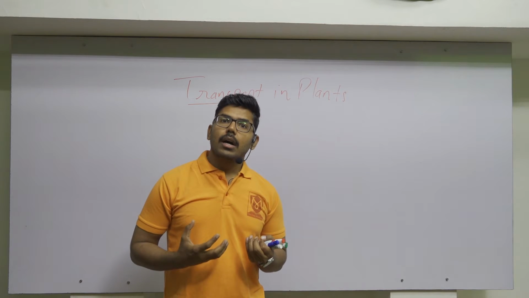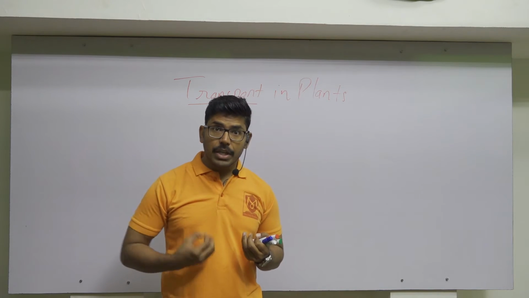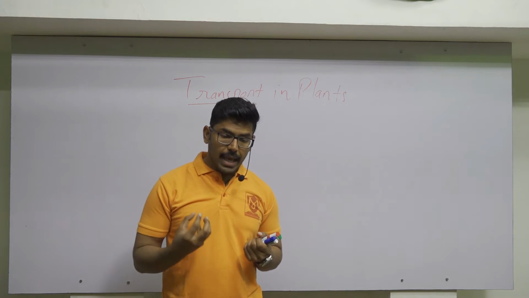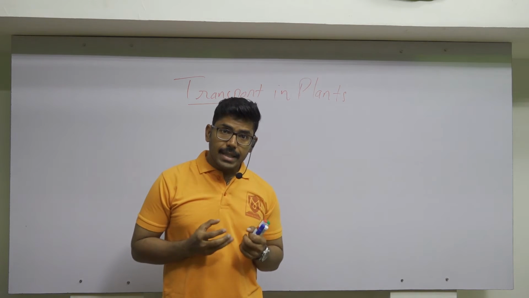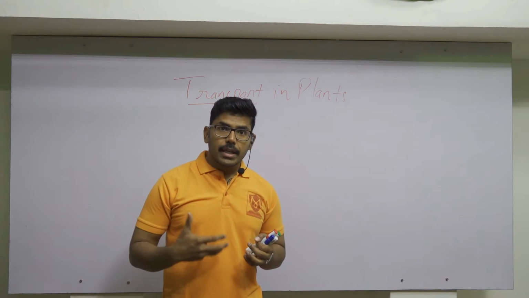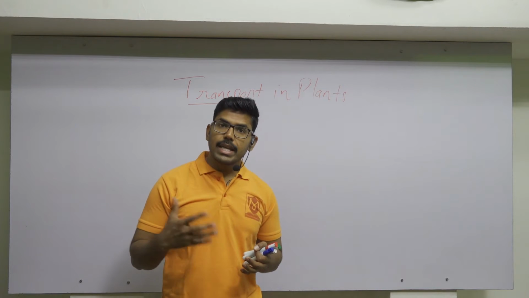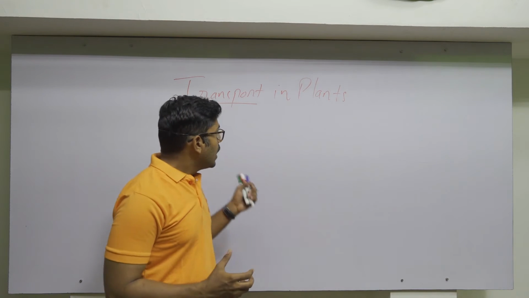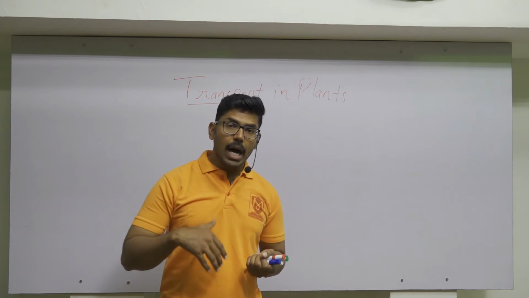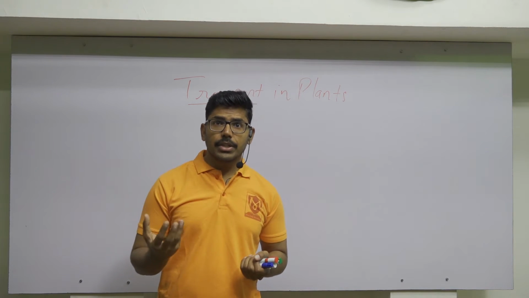Like we have a heart for the circulatory system, by which our body can circulate all the materials and nutrients to each cell. Plants do not have that type of organ, so how can they transport nutrients?